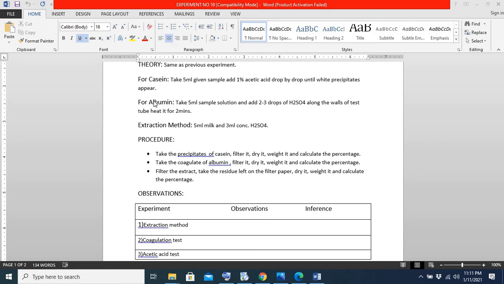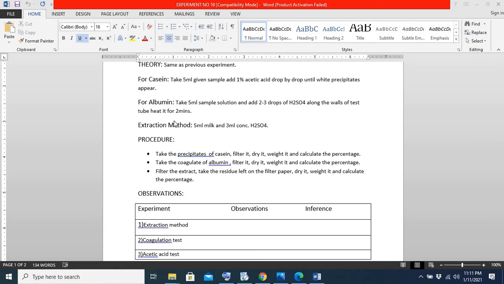Similarly we have to perform the other test, that is the coagulation test. In this test we add 5 ml of the milk solution, then add 2 to 3 drops of H2SO4, and heat it. After heating we will have the precipitate.